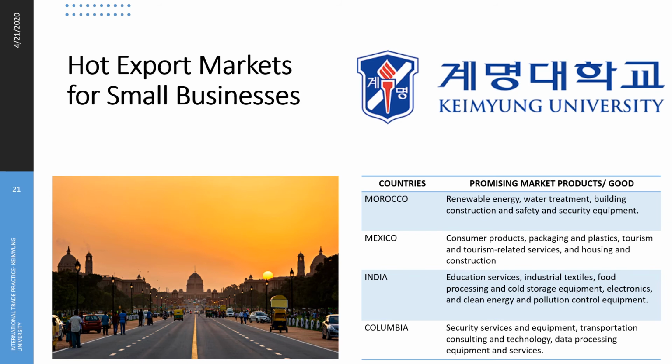For India, the potential products you can export are education system, industrial textile, food processing and cold storage equipment, electronics, and clean energy and pollution control equipment. That's because one of the problems in India is pollution. And for Colombia, if I want to export my product there, it should be related to security services and equipment, transportation consulting and technology, data processing equipment and services, because peace and order is one of the problems in Colombia.